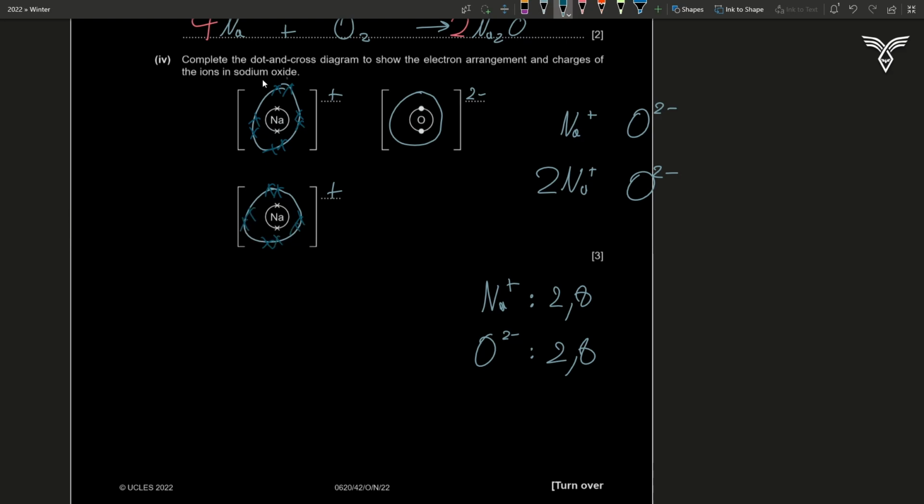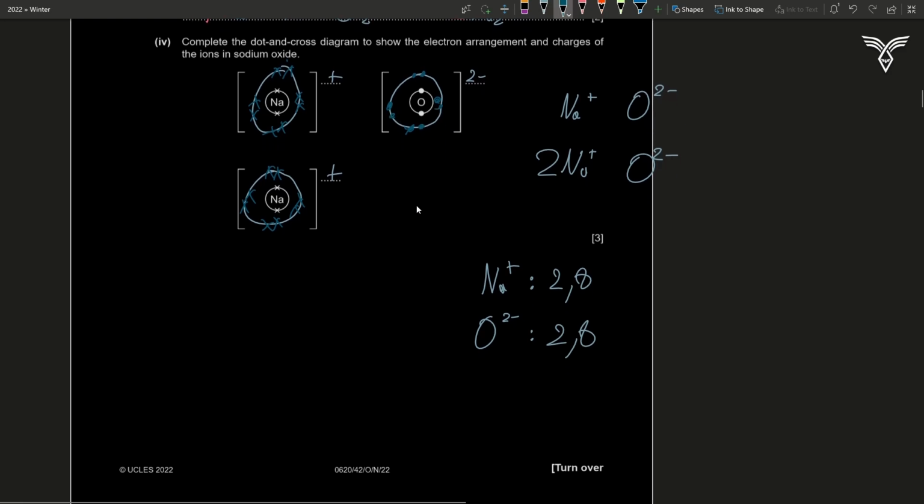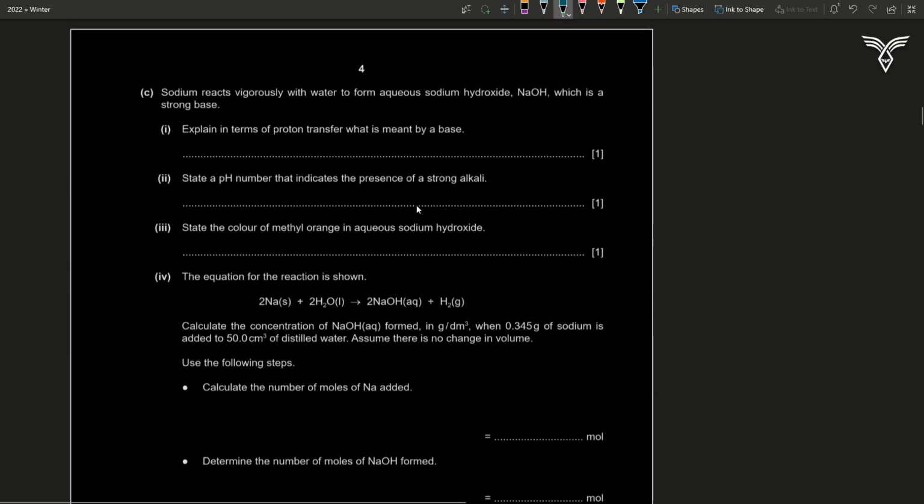You start on each direction, north, east, south, west, and then go again for the second amount, because that's how you draw a dot and cross diagram normally. As for the oxygen, it is also 2 8, but this time we're going to use dots. So 1 dot, 2 3 4 5 6 7 and 8. Perfect. So this question is done.